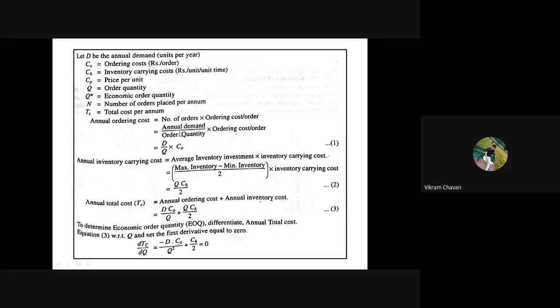Now here we have initially given the symbol for the annual demand as capital D, divided by ordering quantity. Ordering quantity symbol is capital Q. So annual demand divided by order quantity will be equal to D divided by Q, and multiply by ordering cost per order.